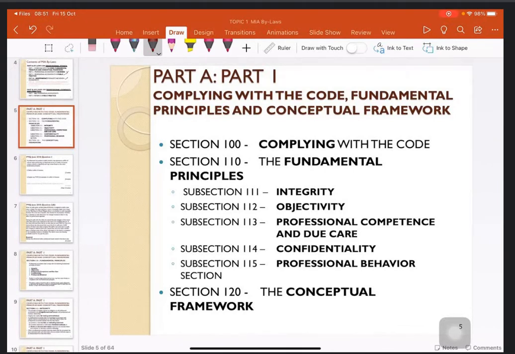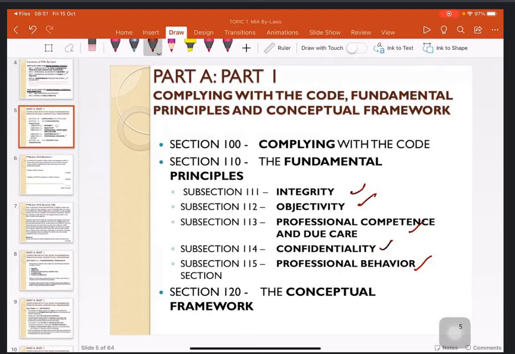Section 110 adalah fundamental principle, and dia punya subsection under fundamental principle, kita ada 5 fundamental principle that need to be followed by accountant. That one we call it as integrity, objectivity, professional competency and due care, confidentiality, and the professional behavior. Kemudian kita juga ada conceptual framework, okay.